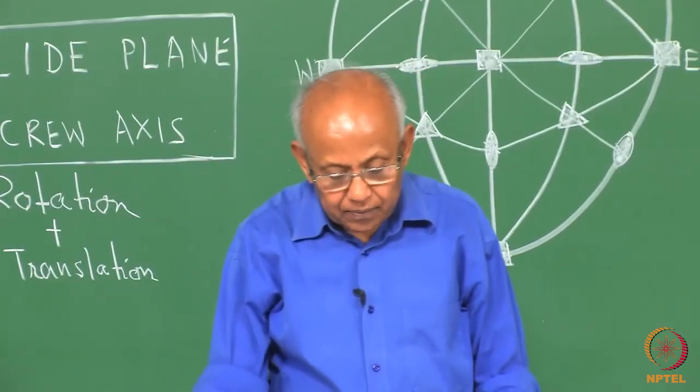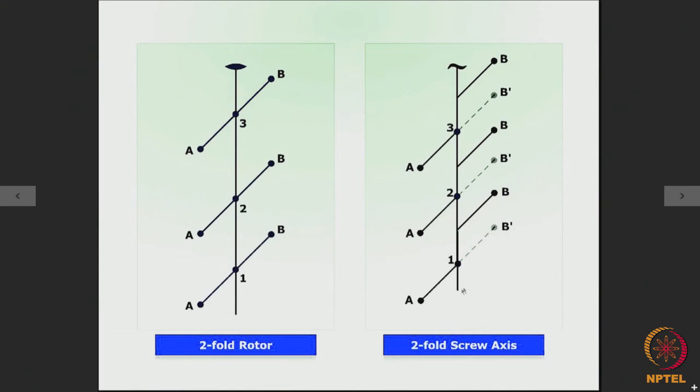Say for example, here instead of a two-fold rotor, we have a two-fold screw axis. This is a symmetry element which is different from a simple two-fold rotor. Now, if we have the three lattice points 1, 2 and 3 as before, and this atom A attached to this lattice point, then if the whole thing were a two-fold rotor, the next position of the point A would have been B prime.